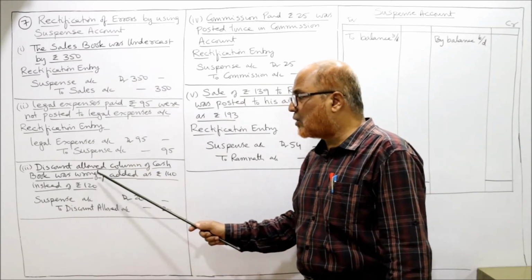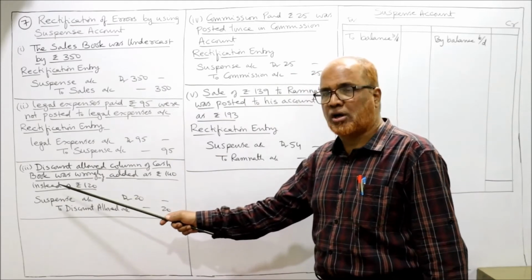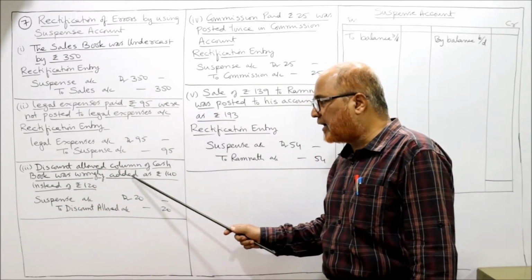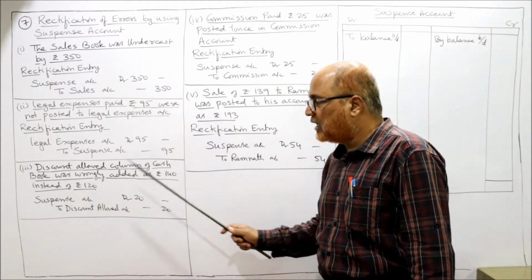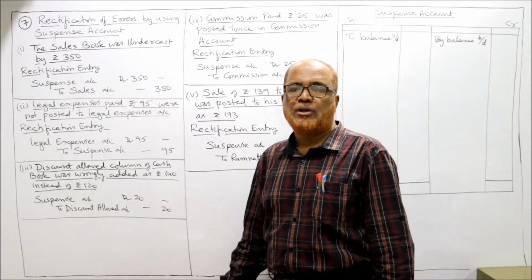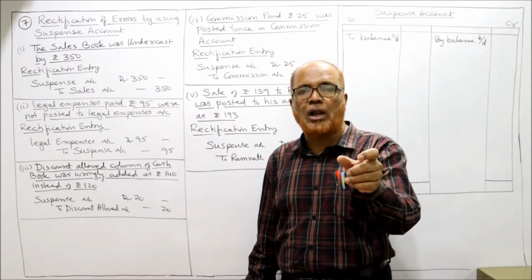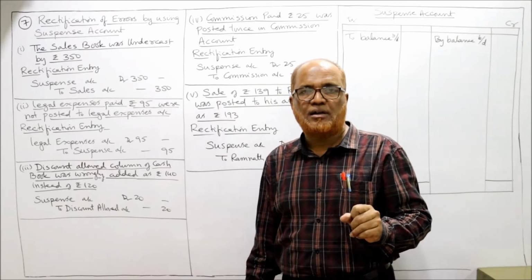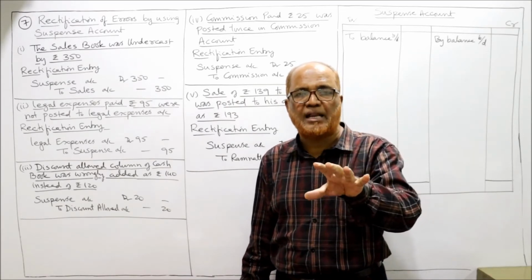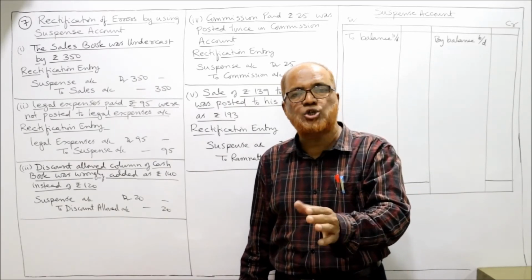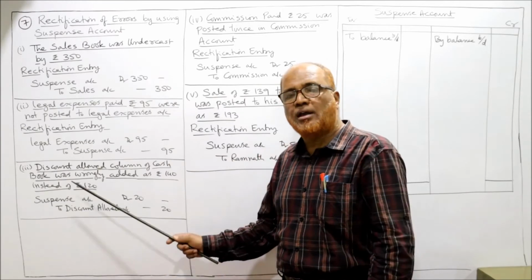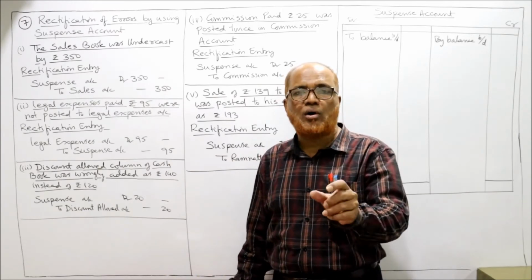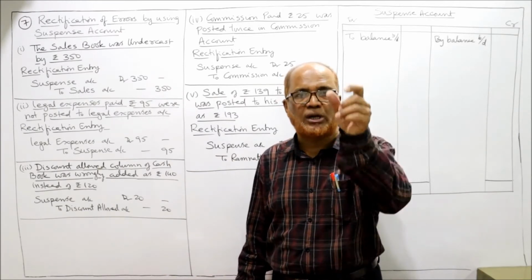Third, discount allowed column of cash book was wrongly added as 140 instead of 120. So discount allowed column will be on the debit side. Discount allowed shows debit balance. Discount received shows credit balance. So here discount allowed column of cash book will show debit balance.